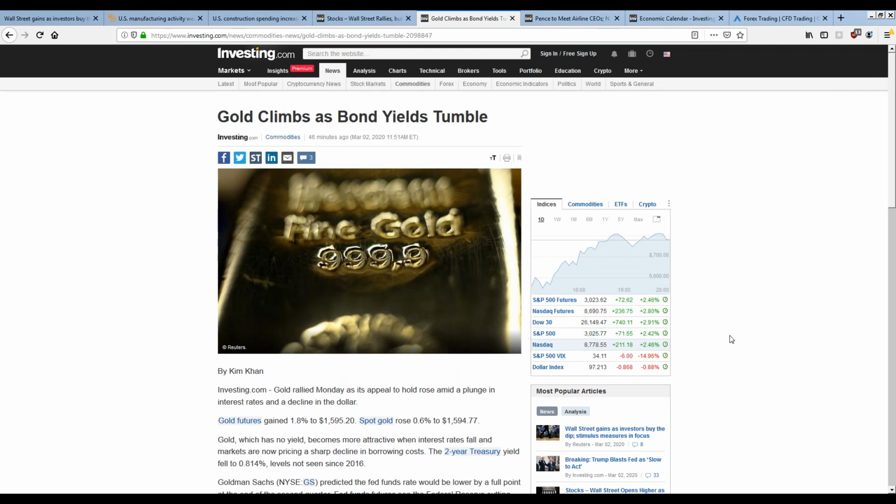Bonds. Not only do people buy gold as a safe haven when there's fear, but many times they also buy bonds because they're backed by the government, backed by the banks as a guaranteed return. And so the prices on bonds were going up, up, up, up as people were leaving stocks and buying bonds.